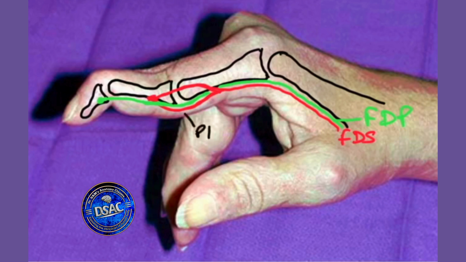This is PIP. Now, this deformity, as we're talking about, why does this swan neck deformity happen? Because of the separation of these two lateral slips of flexor digitorum superficialis, providing a gap.